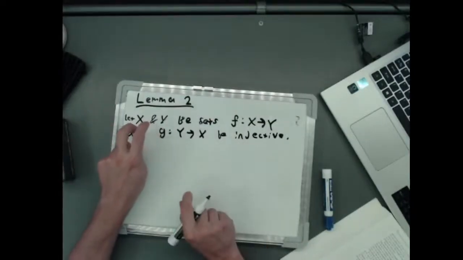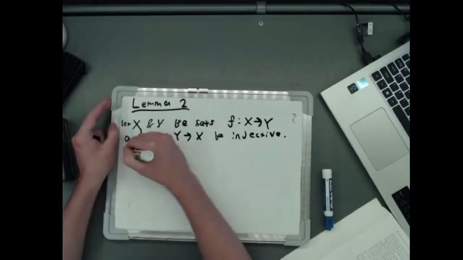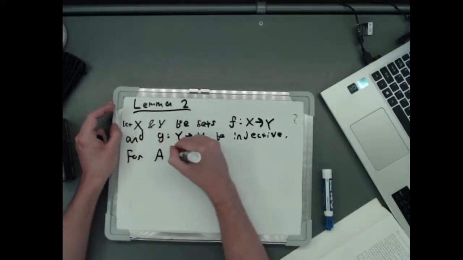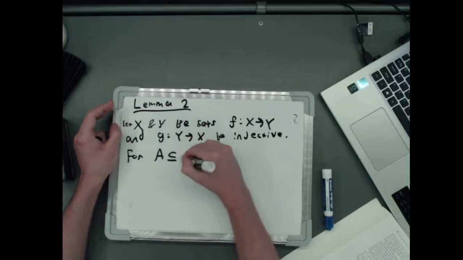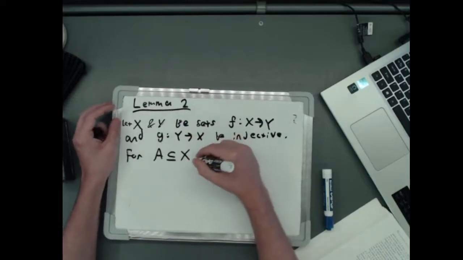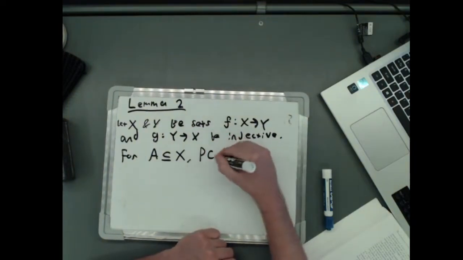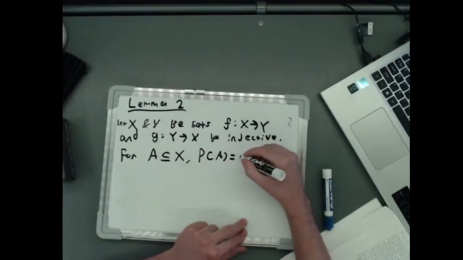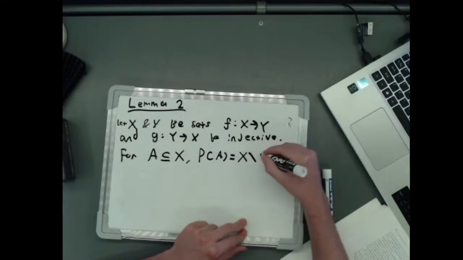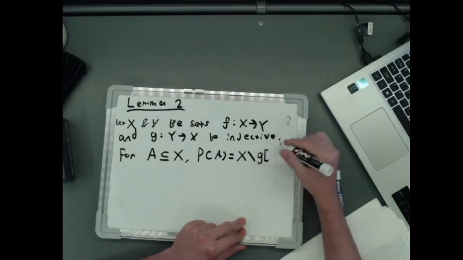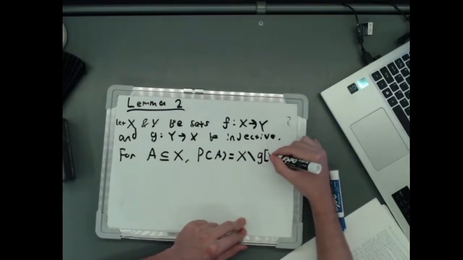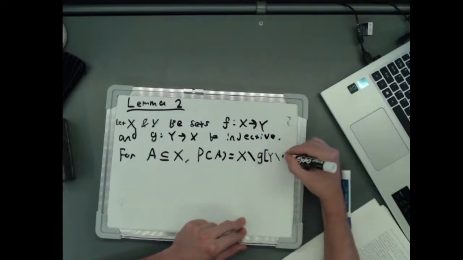So f and g are injective functions on sets x and y. For any subset A of x, P of A is going to be equal to x minus g bracket, I'll go over what that means in a moment, of y minus f of A.